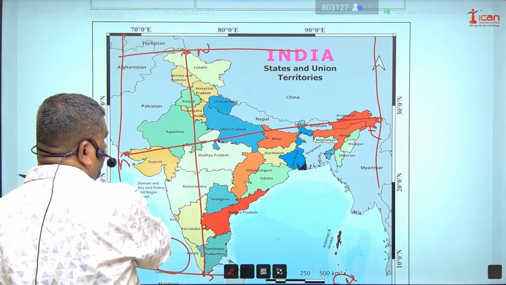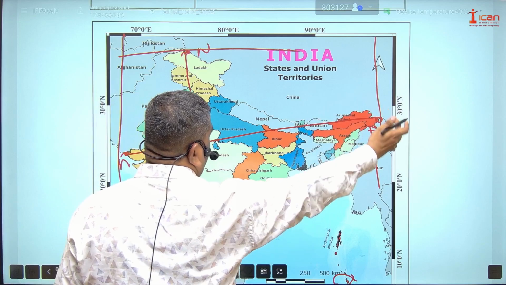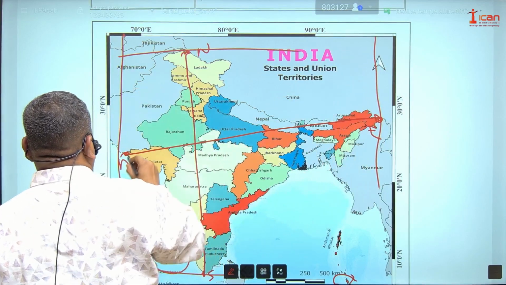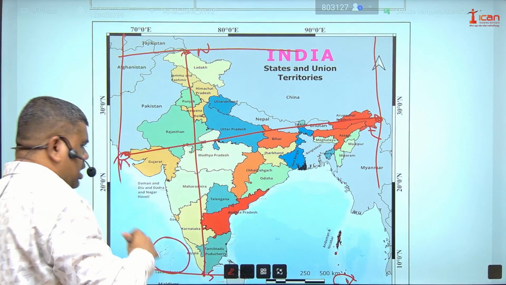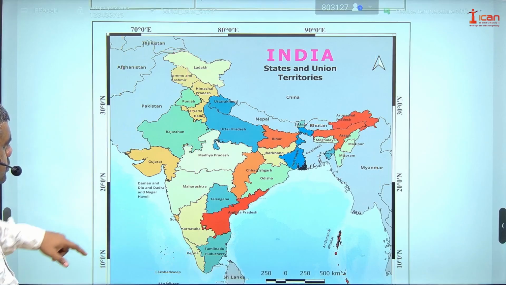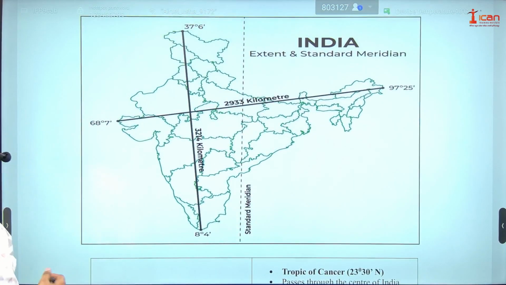And then we have the longitude, which is close to 67 degrees east. So this is how vast or how big the country is. Now let us look at the extent of the country.